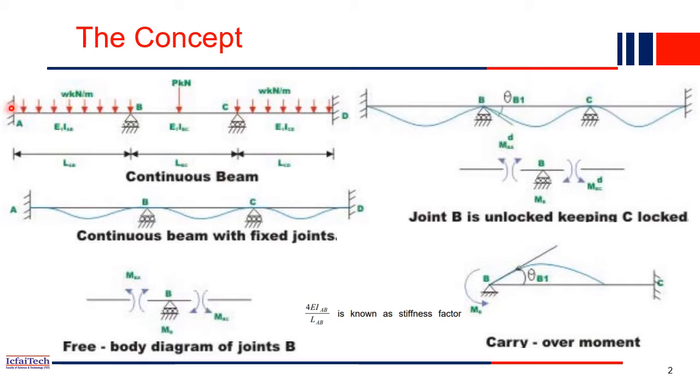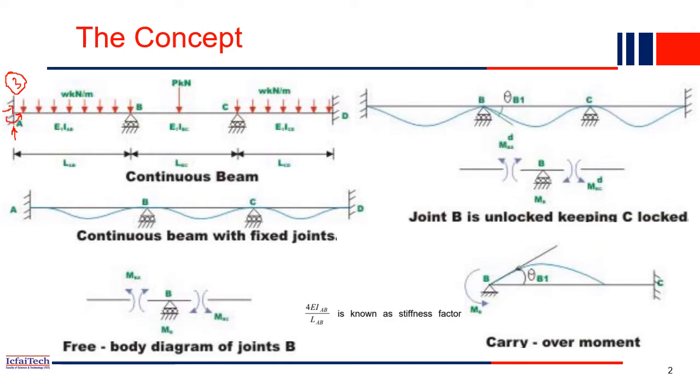So let's see. Here on the left hand side, you have a fixed support. This one is a fixed support, meaning how many reactions? In total you have three unknown reactions at this support: one horizontal, one vertical, and another reaction moment. So you have three unknowns at this support.